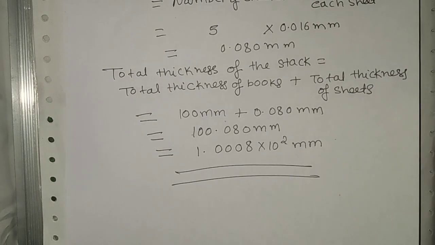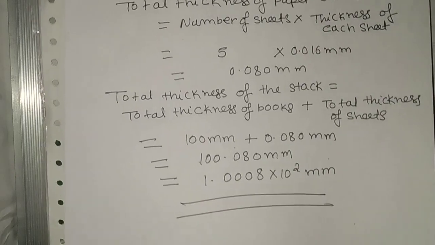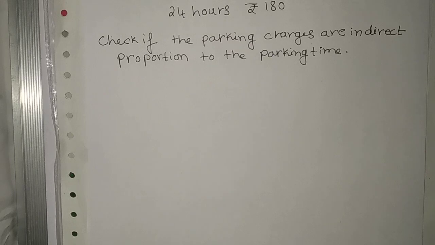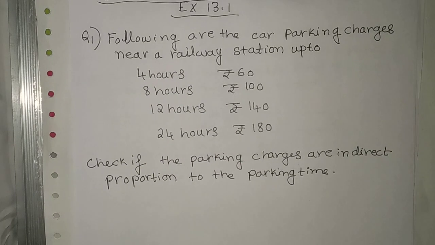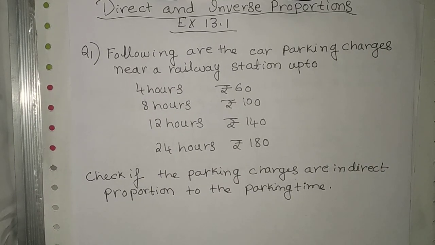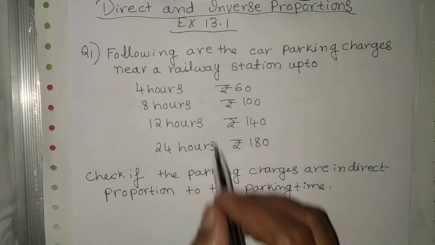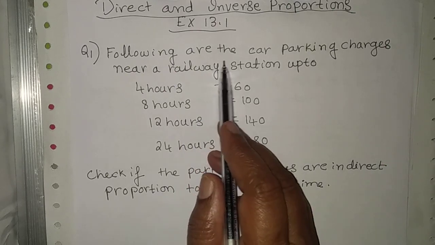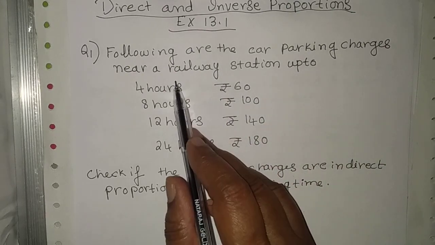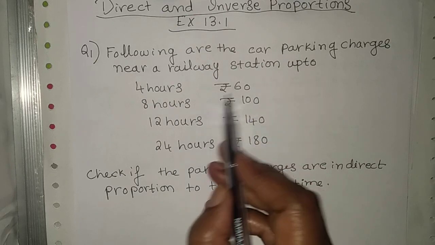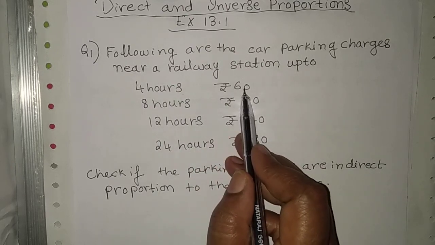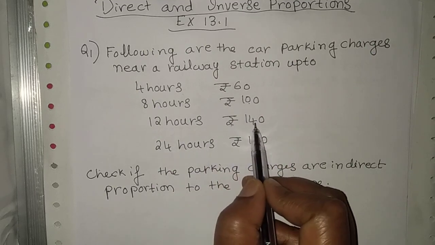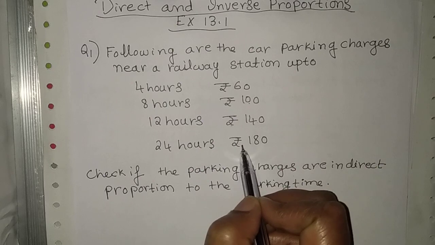We'll directly start the new chapter, direct and inverse proportions, with the first exercise problem, exercise 13.1. The problem given is: following are the car parking charges near a railway station. Up to 4 hours, rupees 60; 8 hours, rupees 100; 12 hours, rupees 140; 24 hours, rupees 180.